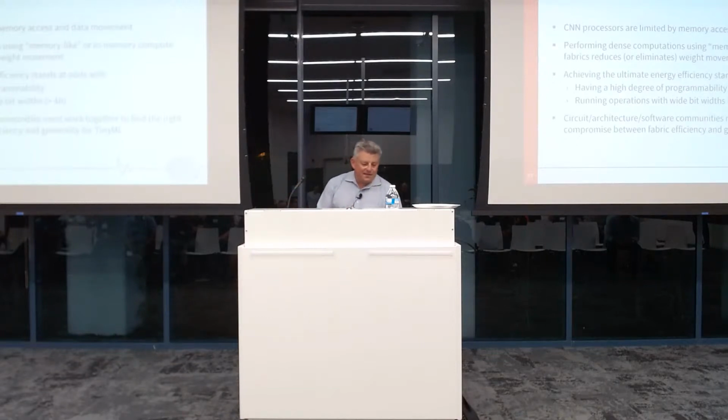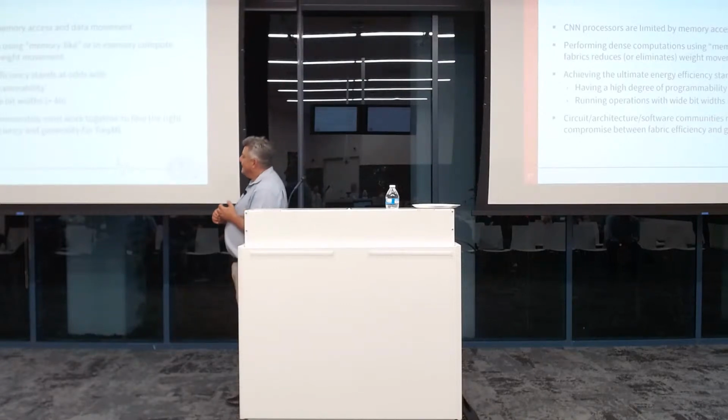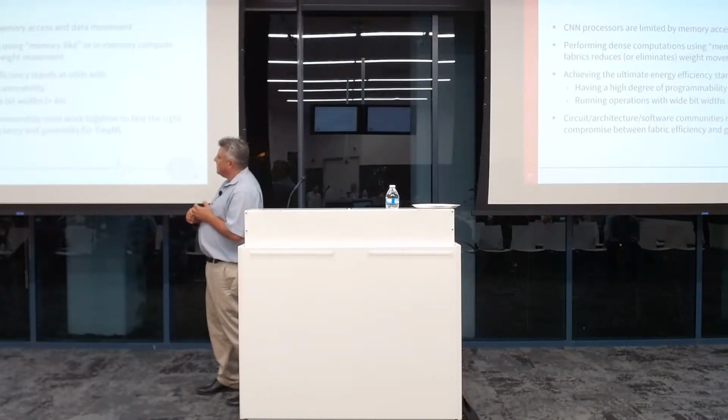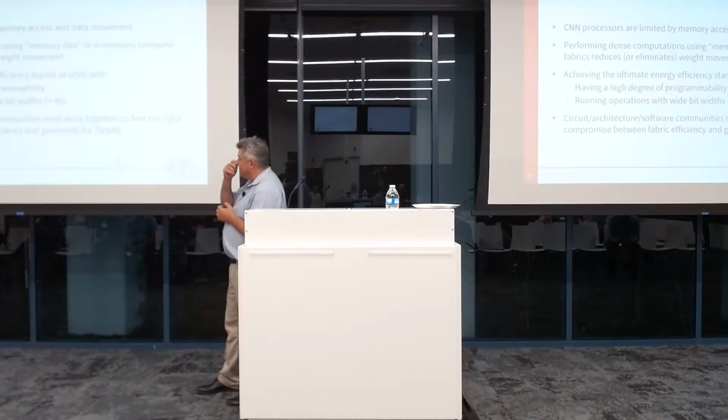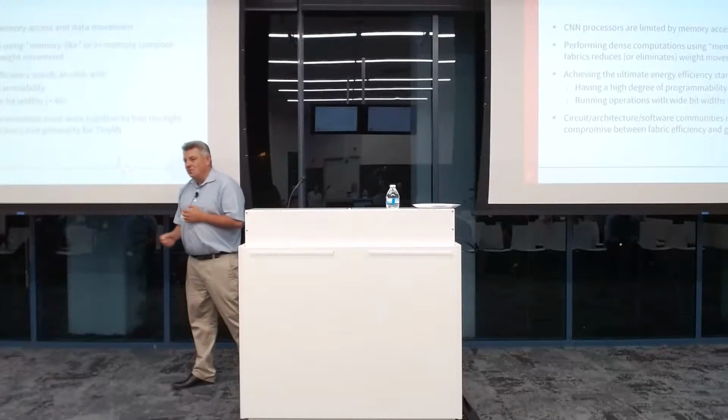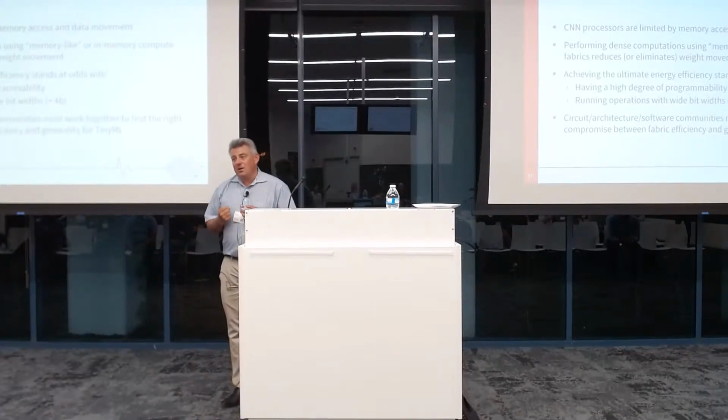And so I think we as a community have to work together to figure out what is the right compromise. Right? Is 4 bits enough? I don't know. I mean, maybe it is. Some people say it might. And once we know these things, and once this comes together and it gets sort of accepted by the community, I think we really have a chance to build killer processors that really run at a milliwatt.